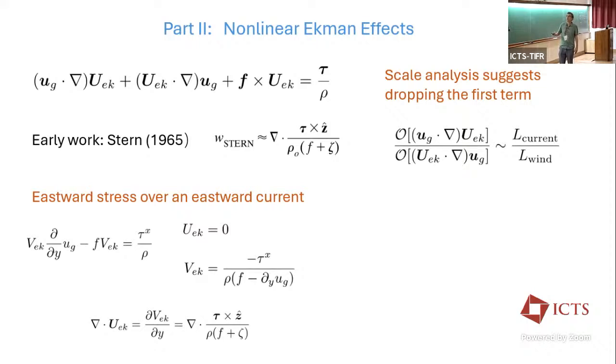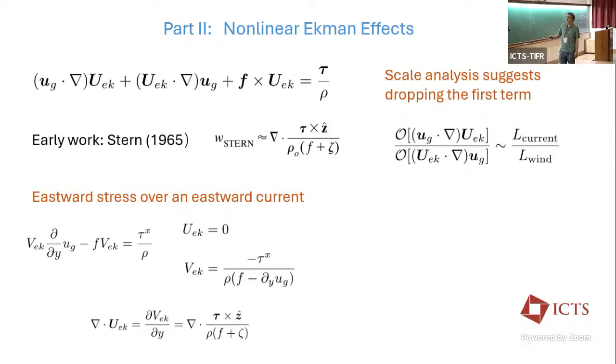So grad u Ekman scales like 1 over the length scale of the winds, whereas grad u geostrophic scales like the current. If I take the ratio, I get an ocean scale divided by an atmospheric scale. The width of the Gulf Stream is maybe 100 kilometers, and we think of 1,000 kilometers as the width for the atmosphere. So to leading order, drop this term and just worry about that one.